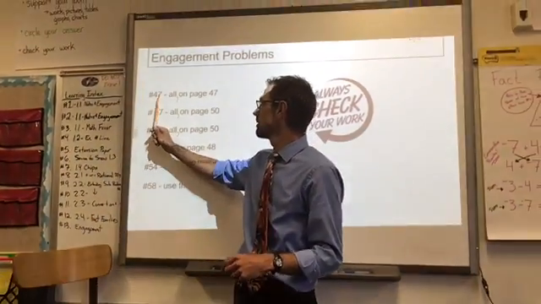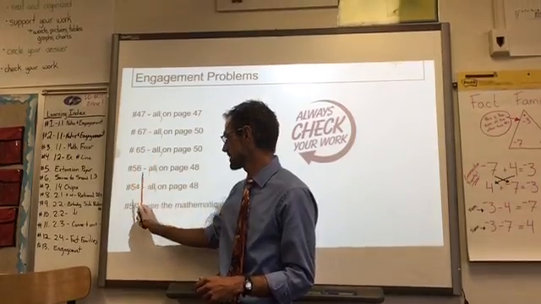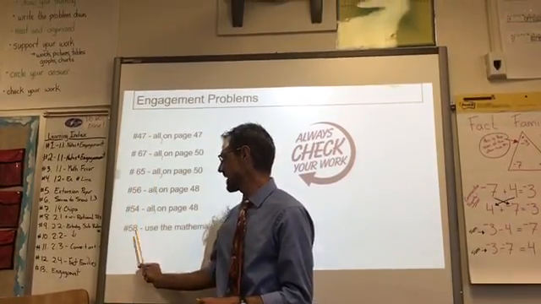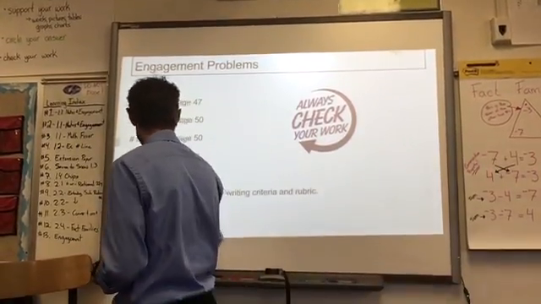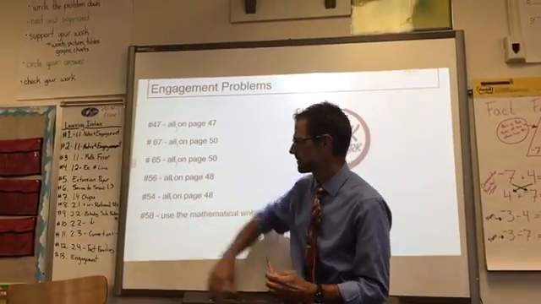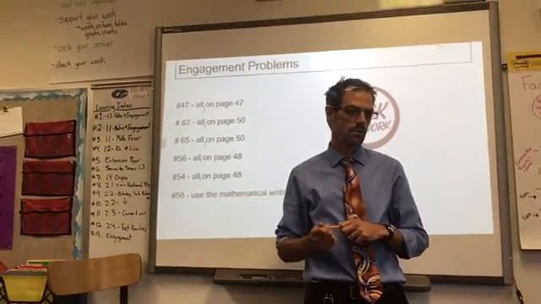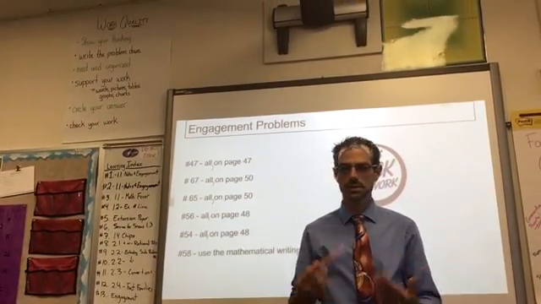So it's 47 all, 67 all, 65 all, 56, 54. And then 58. I don't know if many of you will get down to here. Most kids are getting into the 56, 54 range. We will go over this together.